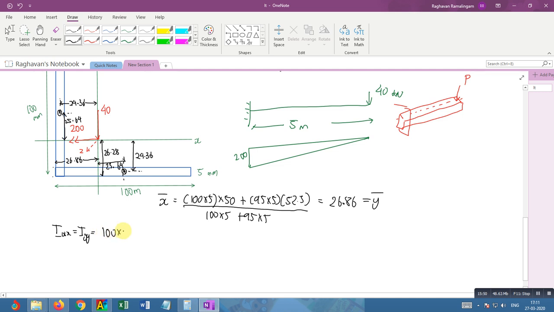So 100 into 5 cube by 12 plus 100 into 5 into, it's about the x-axis, so 24.36 downward, plus 95 cube into 5 by 12 plus 95 into 5 into, so here to here it's a plus 25.64.